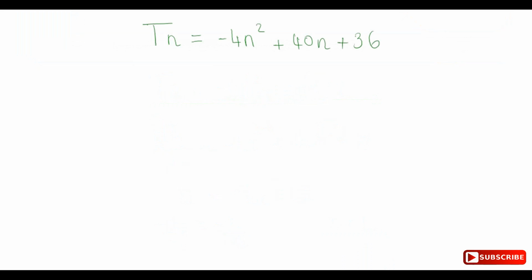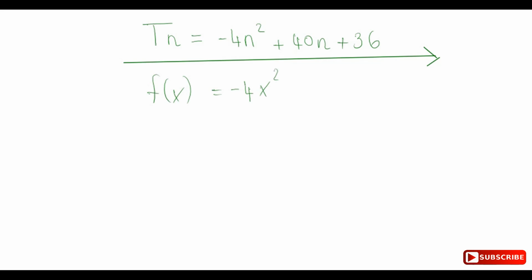You can just use the analogy of a quadratic function to help you find the maximum value of this quadratic sequence. So let me just do that. Usually with the quadratic function, you use f of x equals, your a is the minus 4x squared, plus your b is 40x, plus your c is your 36, right?